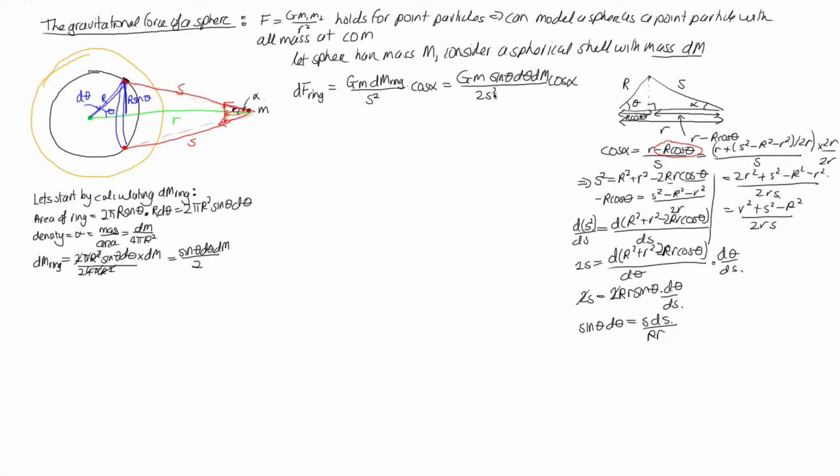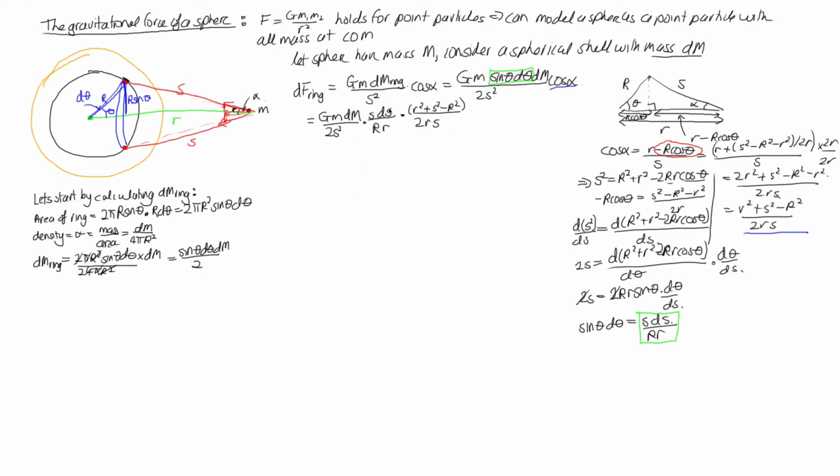So now what we're going to do is replace the sine theta d theta with this expression. And we're also going to replace the cos alpha with this expression here. So we can write this as G m dm over 2s squared times s ds over Rr times R squared plus s squared minus r squared over 2Rs.